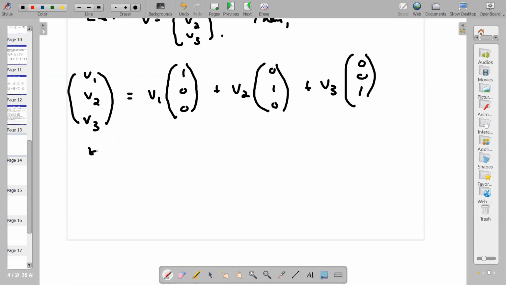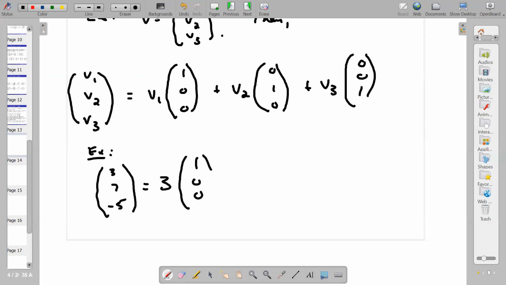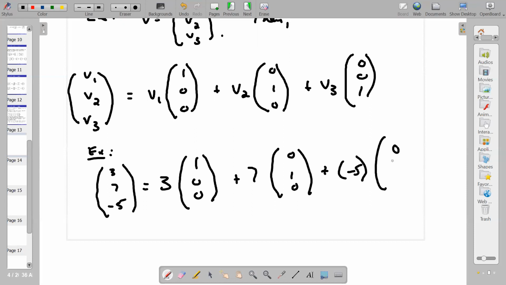So for example, if you actually had numbers, if you have the vector 3, 7, -5, what we're saying is that's the same as 3 times that vector plus 7 times that vector plus -5 times that vector, just an example.